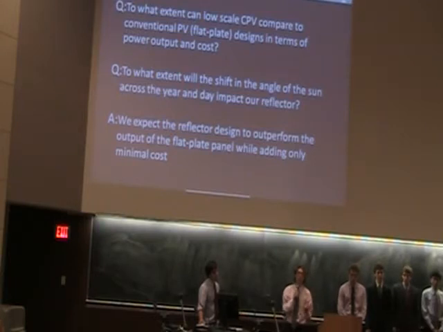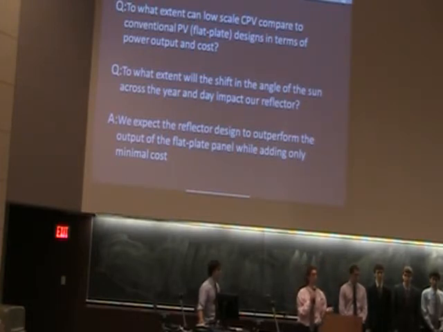And also, one problem we've been realizing is that over the year, the sun's trajectory, the sun's arc across the sky, varies. With a concentrator, how will that handle the variation inherent in the day and in the year?